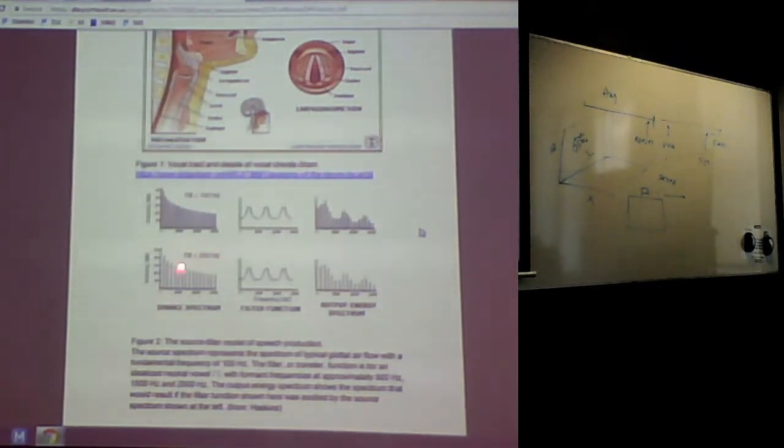Similar here, you start with 200 Hertz. The harmonics are spaced by a bigger distance because it's a 200 Hertz gap every time.